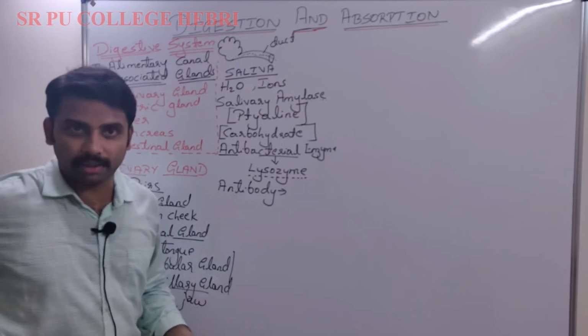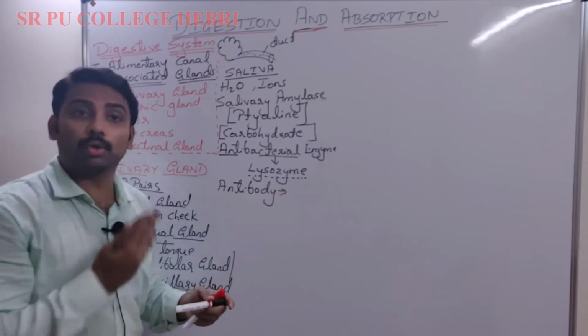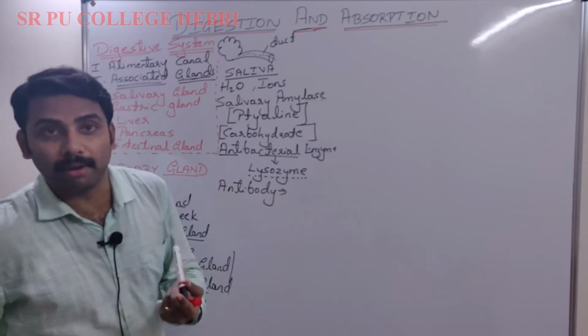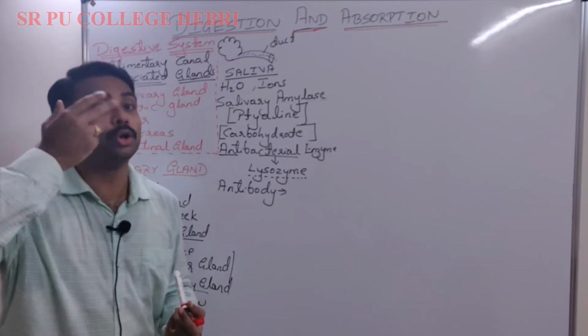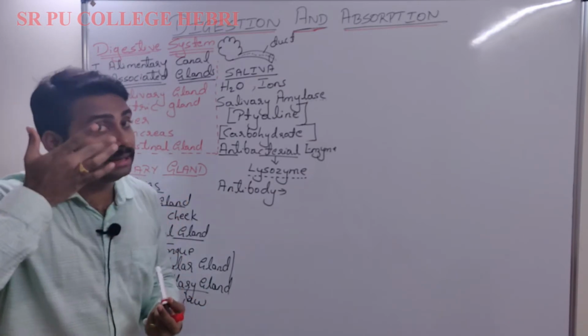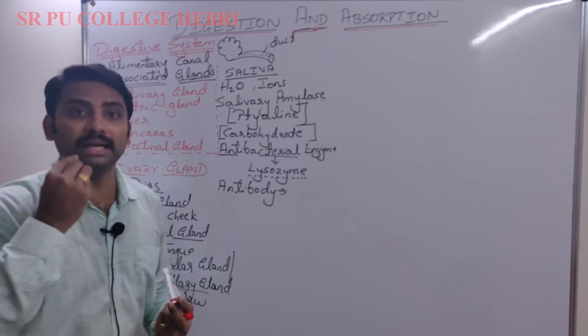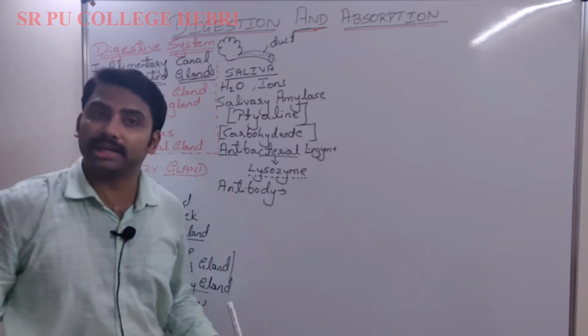Now you will ask me, if it is the case, why not coronavirus when it enters my mouth, it is killed, right? Usually that virus is inhaled through the nose. Sometimes it can go through the oral cavity also, by touching the eye also it can enter. If corona enters my mouth, how can I get infected?